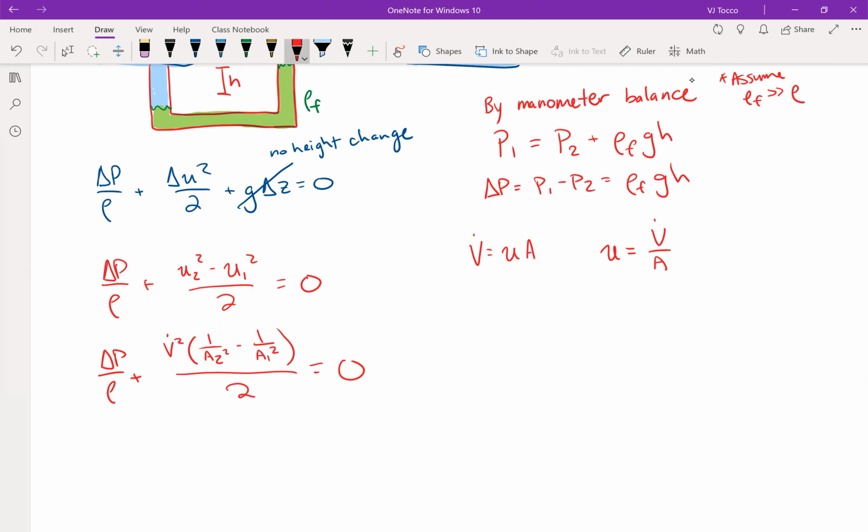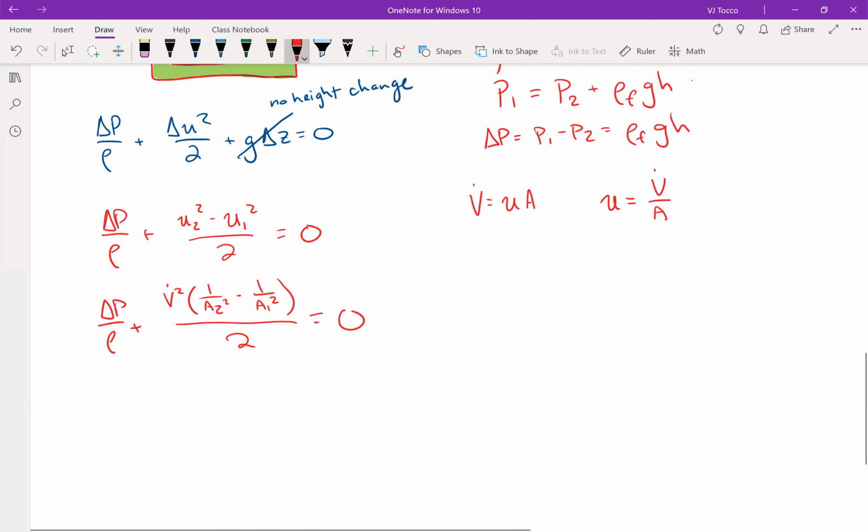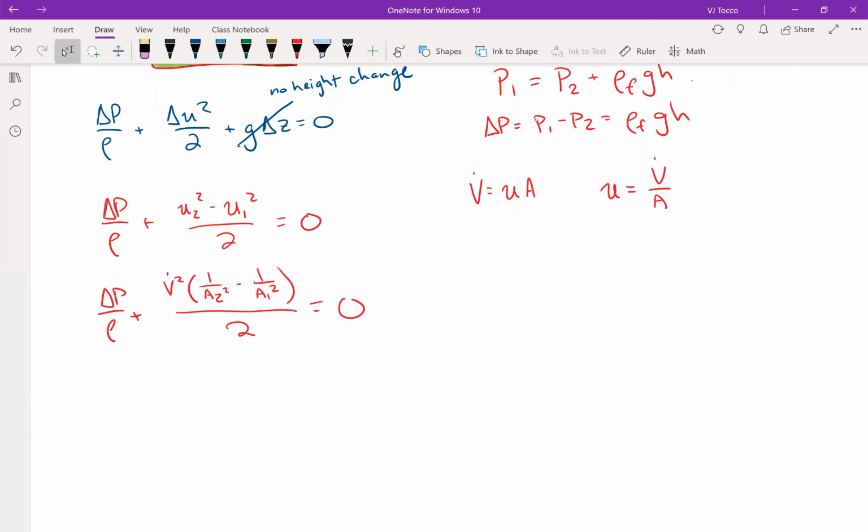And now from here, I can rearrange this to solve for V dot. I'm going to take the delta P over to the other side and then multiply through by 2. So I get the volumetric flow rate squared times 1 over A2 squared minus 1 over A1 squared is equal to minus 2 delta P over rho.